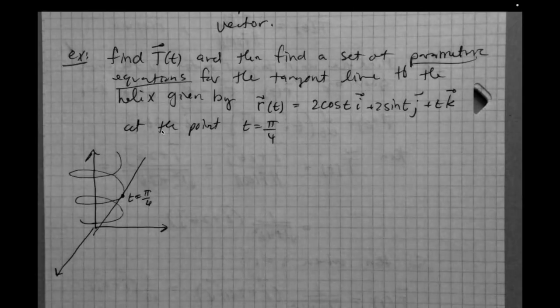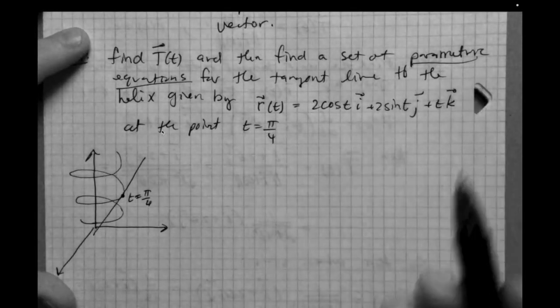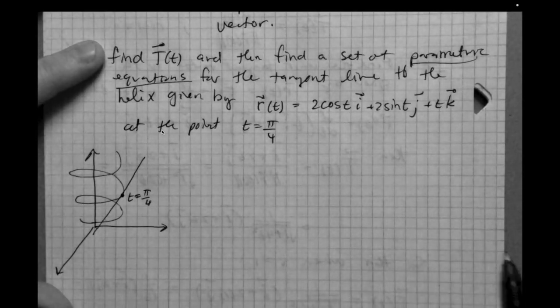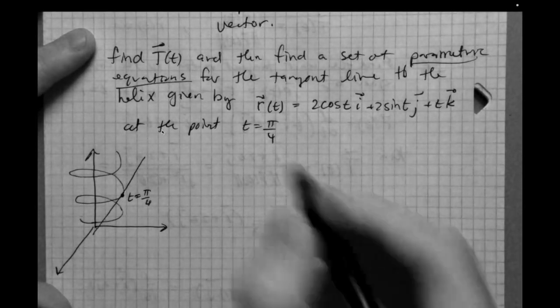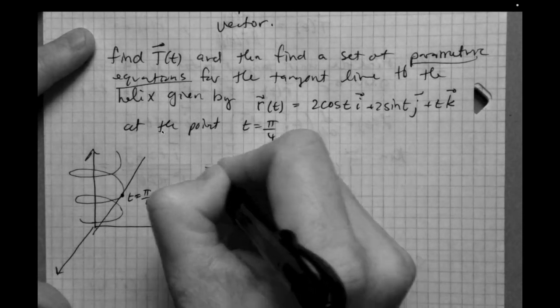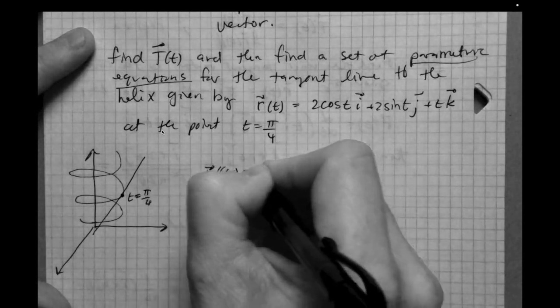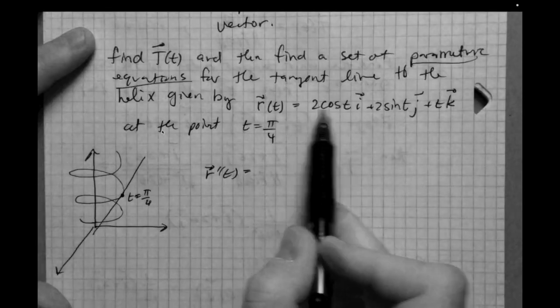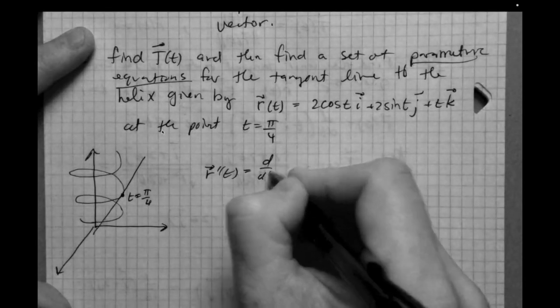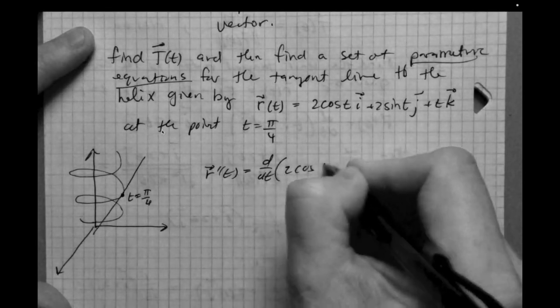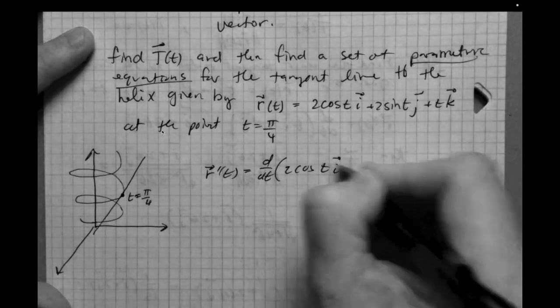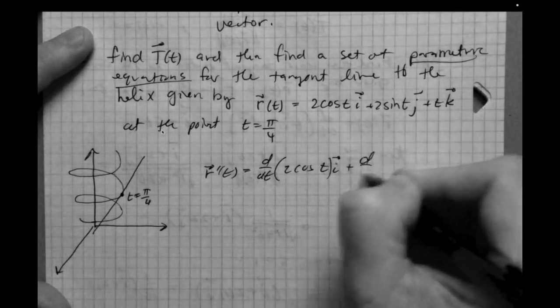So we're going to find the unit tangent vector, and in order to do that, we're going to need the derivative of the function. So we need r prime of t, and that's just the derivative of this. I'll just write it to be clear what we're doing.